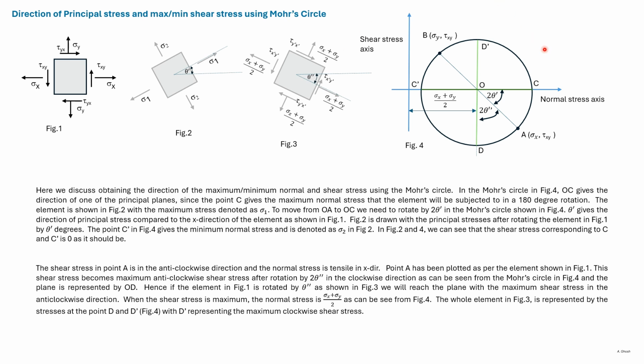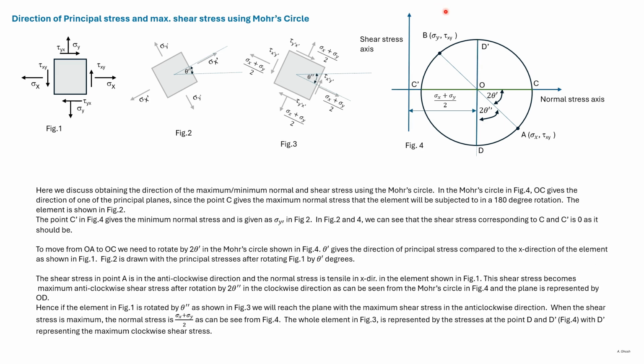So using the Mohr circle, we have been able to find the magnitude of the maximum and minimum shear stress as well as their direction. We can see that corresponding to D dash and D, the normal stress is sigma x plus sigma y divided by 2. So here the normal stress on both these faces is sigma x plus sigma y divided by 2.